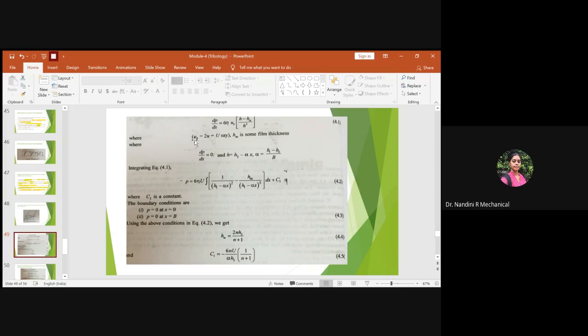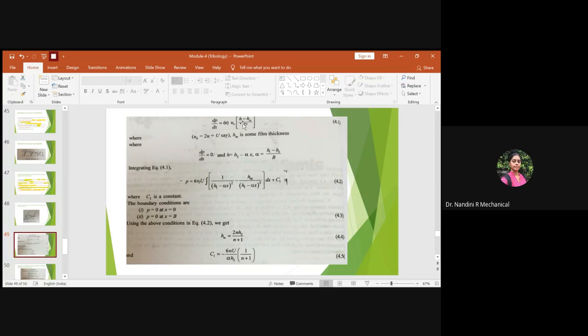Now you have to correlate to a constant velocity with which the upper surface is moving. Hence this was equal to twice the velocity, which was made equal to capital U. So in future, when we use the same Reynolds equation for our plane slider bearing, we will be replacing U suffix B by capital U. And the thing related to that is shown to you in the correlation within the bracket.